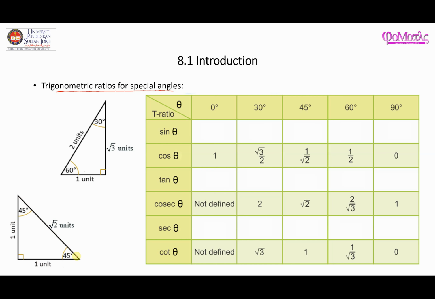This is the hypotenuse, and using the Pythagoras theorem, you take the square root of 1 squared plus 1 squared, and you will get the answer root 2, as given by this diagram.